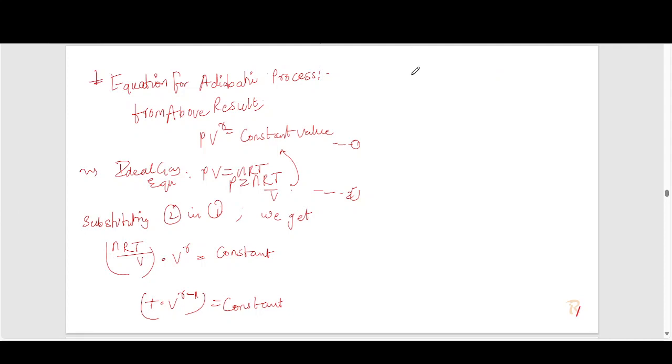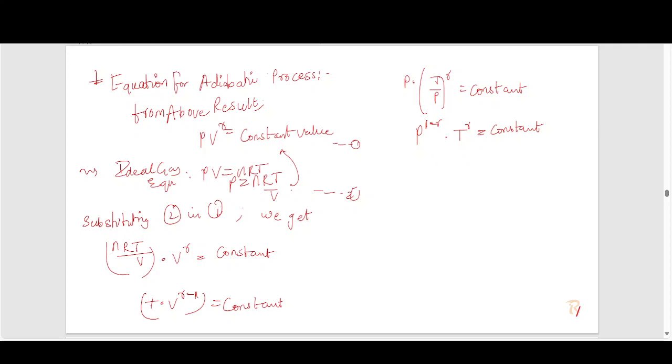Let me tell you another result. P to the power of 1 minus gamma into T to the power of gamma gives me a constant, where gamma means nothing but the adiabatic exponent. Let me write it clearly here.